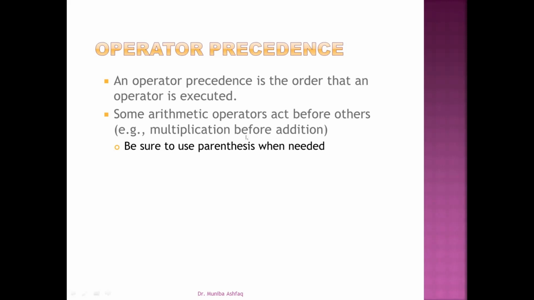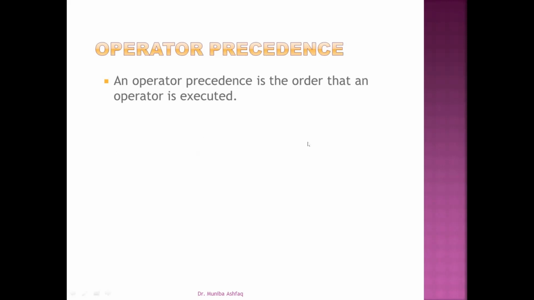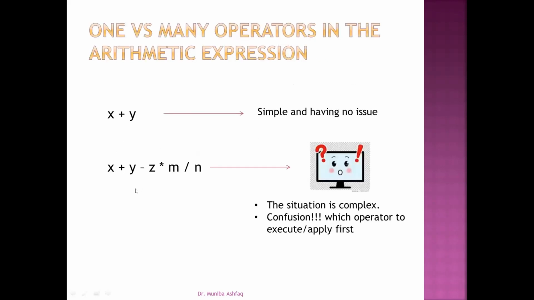So in this case, what will happen? It will follow its own rule, the order in which the operators have to be executed. But what if you want to evaluate this first, if you want to add x plus y first instead of doing the multiplication? Then you have to include x plus y within parentheses, because parentheses have even higher precedence compared to multiplication and division.